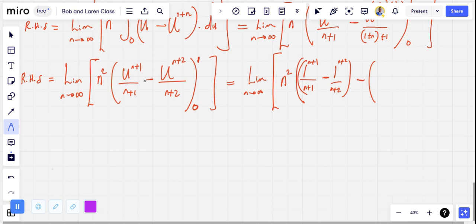When the lower limit is 0, I have 0 raised to the power of n plus 1 over n plus 1, minus 0 raised to the power of n plus 2 over n plus 2. So I believe this is clear now. This is for the upper limit when u is equal to 1, and this is for u equals 0. Please take note of how I put it in the bracket.